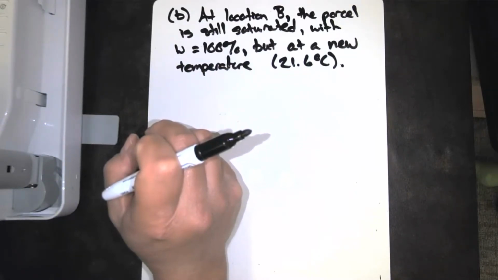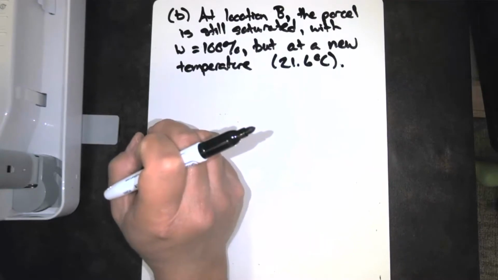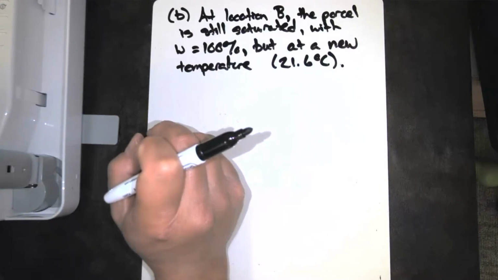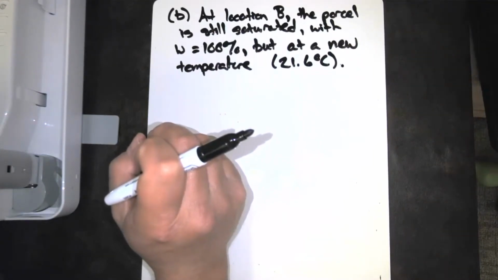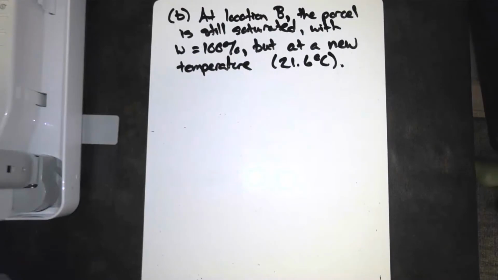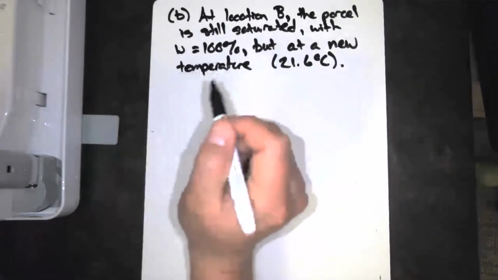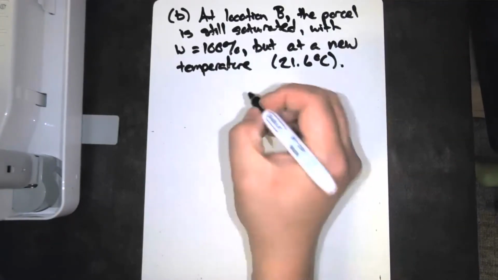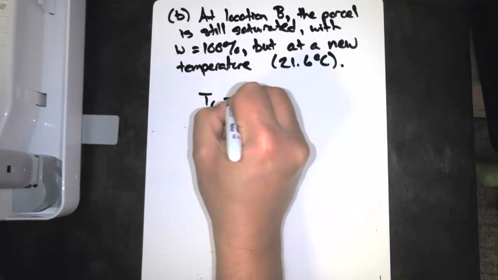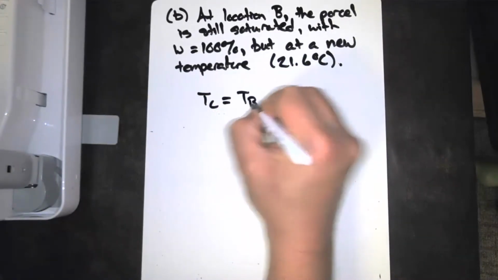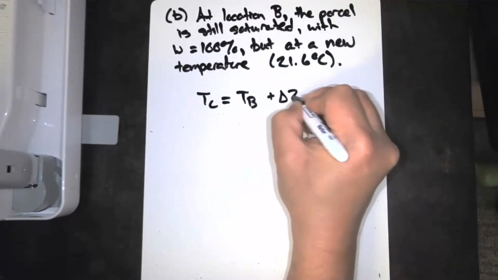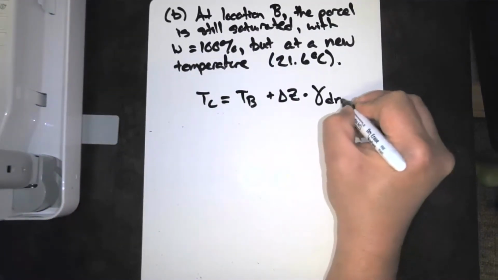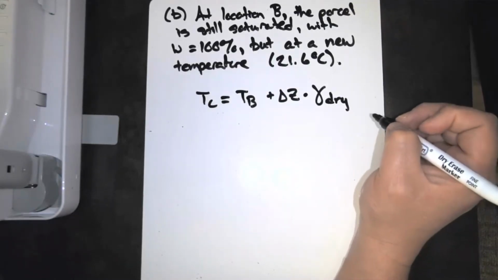The temperature increases ever so slightly, the relative humidity goes down just a little bit, and so we will be descending this parcel at the dry adiabatic lapse rate. So to determine the temperature at the final location, at location C, we apply the same equation. Temperature at C is equal to the temperature at B plus delta Z times a lapse rate. But here we will be using the dry adiabatic lapse rate.